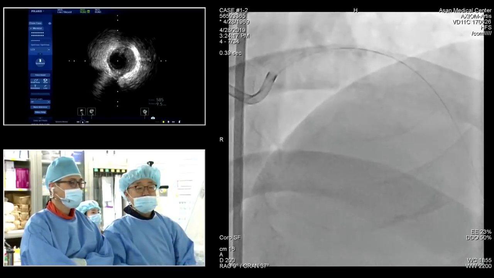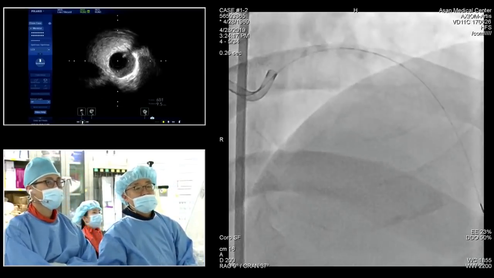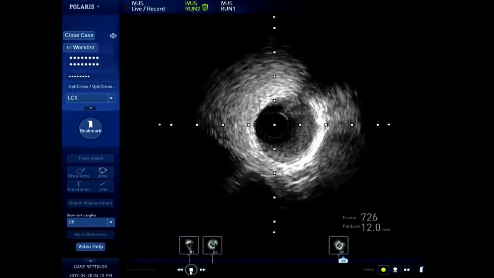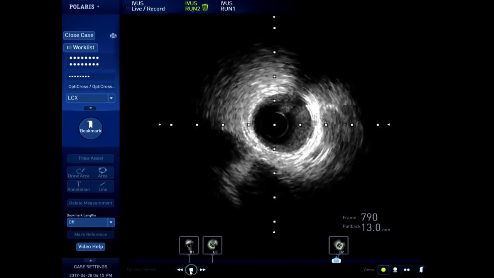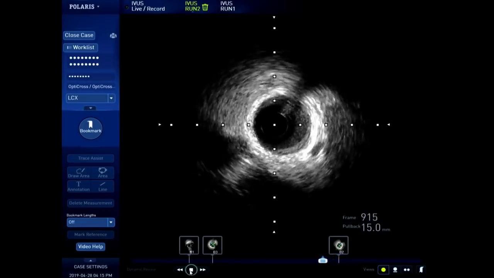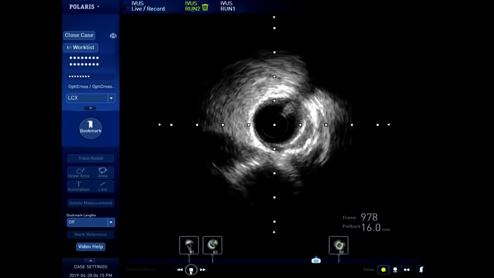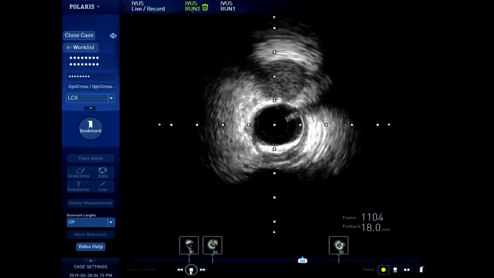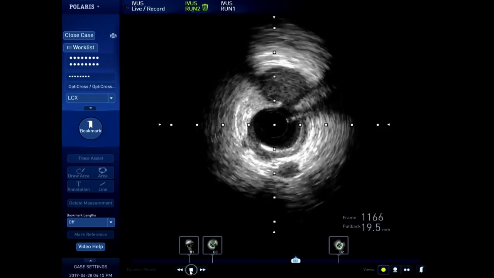Can you show us the SOC region? This is the SOC. Initial view. The OM branch is over here, and the region is very small.